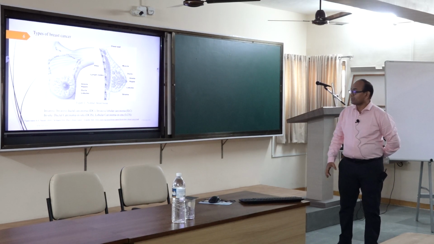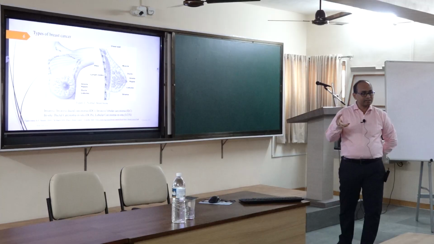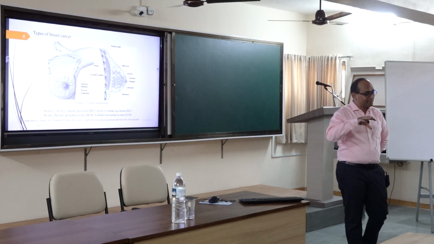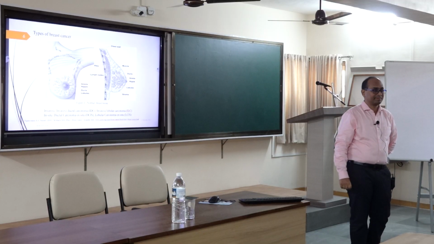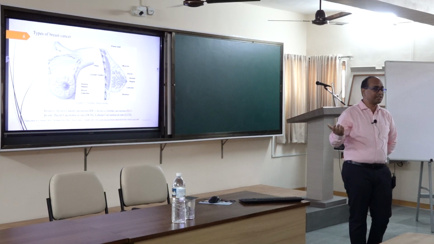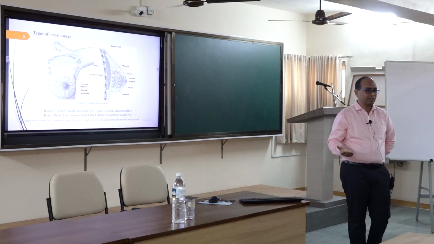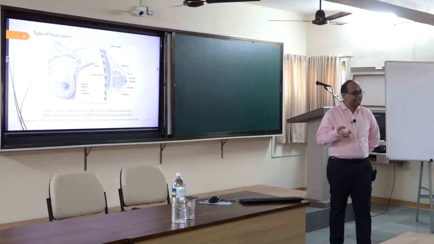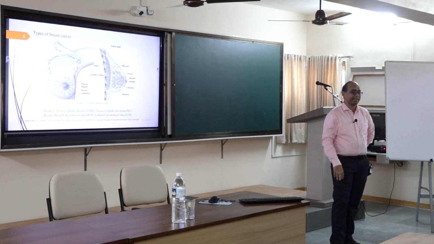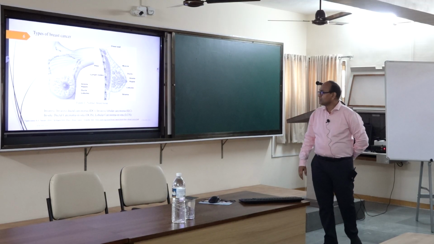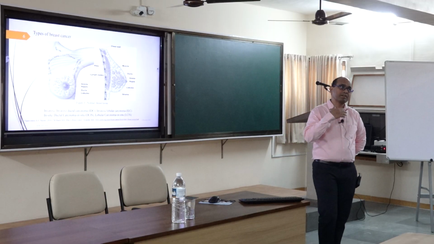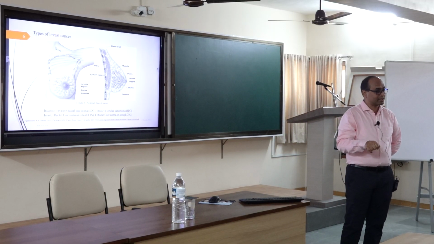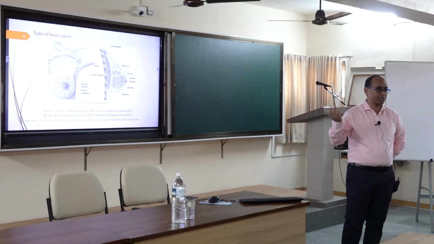Suppose the carcinoma, that is the malignancy or the disease, is limited within the tissue region only, then that is called in situ cancer. If it is spreading outside the tissue, that is called invasive. Based on that, we have further classified into four categories. One is invasive ductal carcinoma: it originated in the duct, but it is crossing the tissue region.